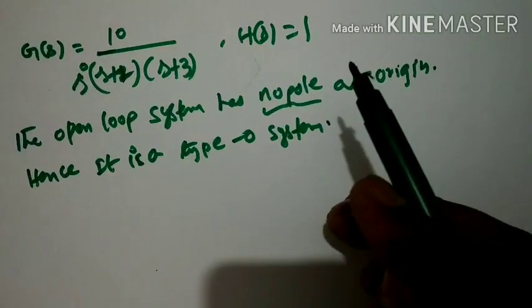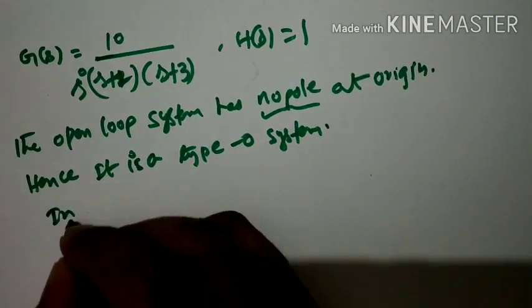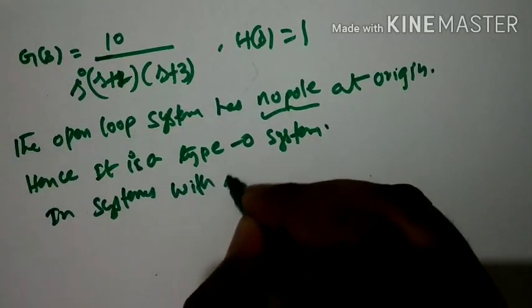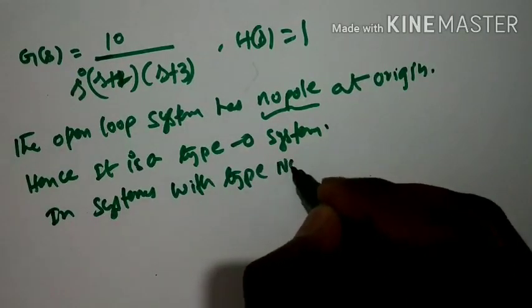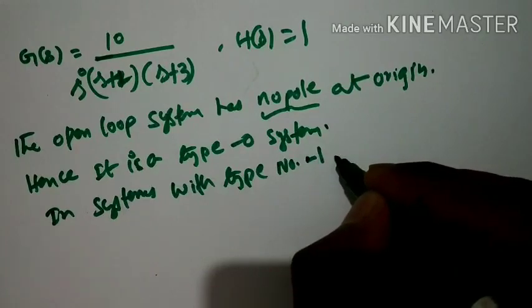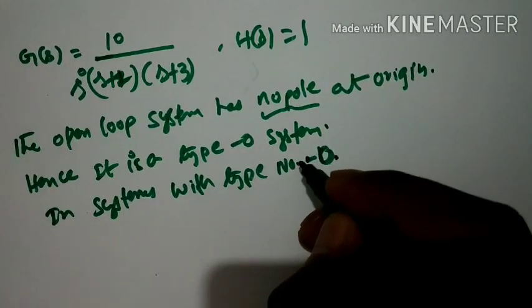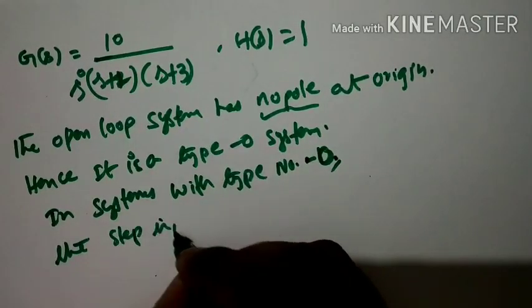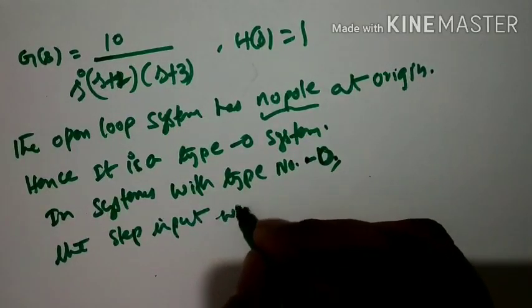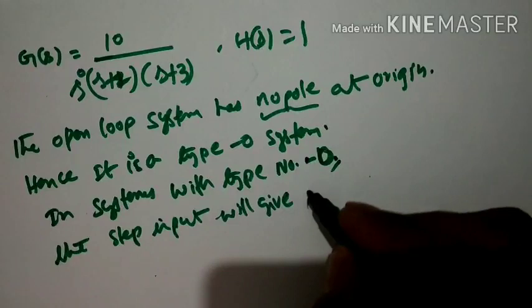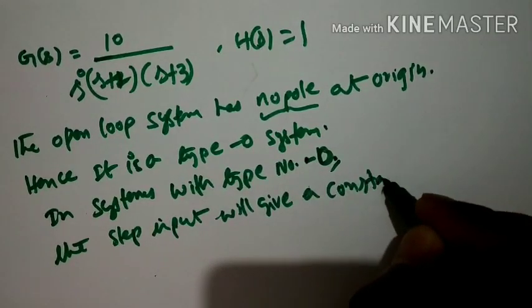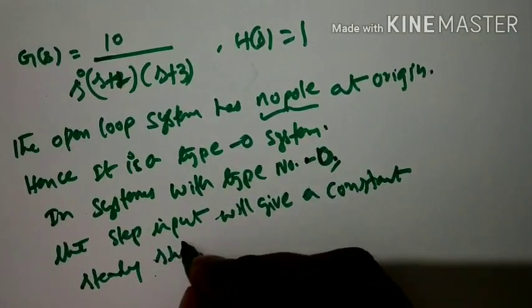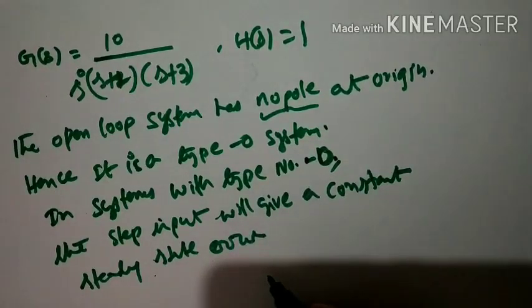So you write here: in systems with type number 0, the step input will give a constant steady state error. I have already told you.